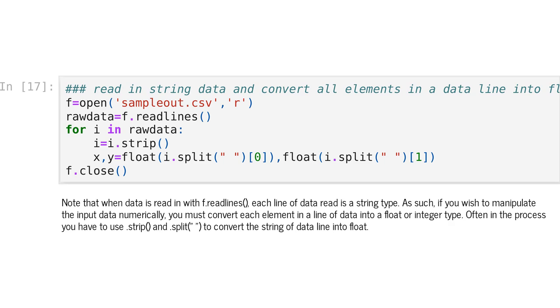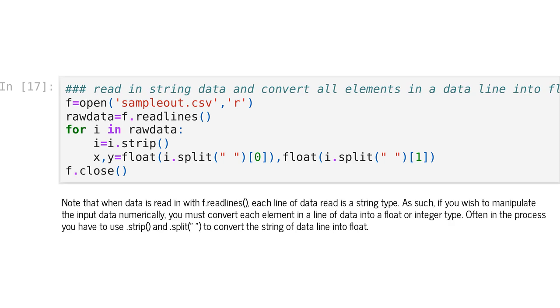Assuming each line has two numbers separated by a space, this results in a list of two string elements. These string elements, isplit[0] and isplit[1], are then converted to floating point numbers using float and assigned to variables x and y. This process of stripping, splitting, and converting is a common pattern when parsing numerical data read as plain text.